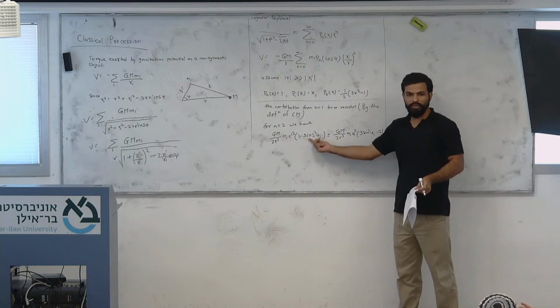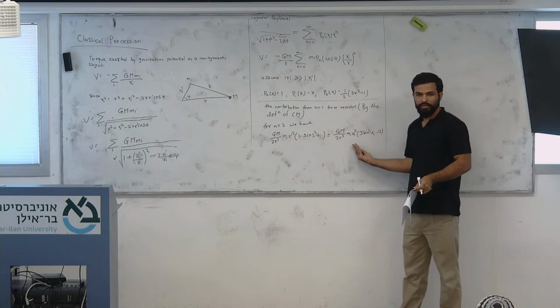Just cos square is 1 minus sine square. Put in here, you will get this.